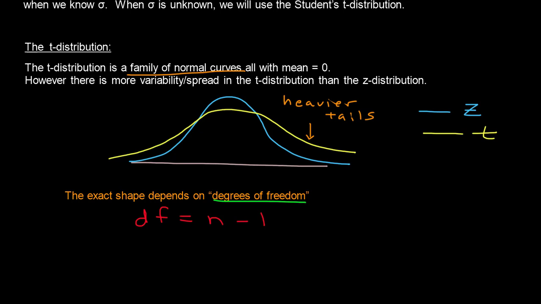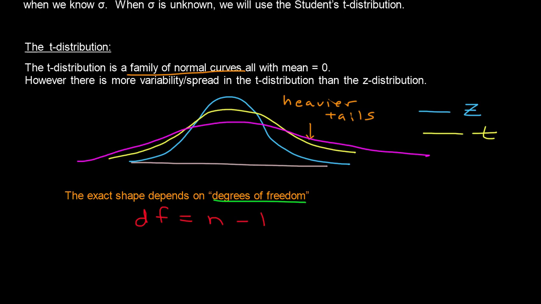So there are different t-distributions, and I could even draw another one onto this image that maybe even has wider or heavier tails. Since there's more area in the tail, it's got to make up for it by coming down shorter in the center. Now that one's very flat looking, but I hope you get the picture there.